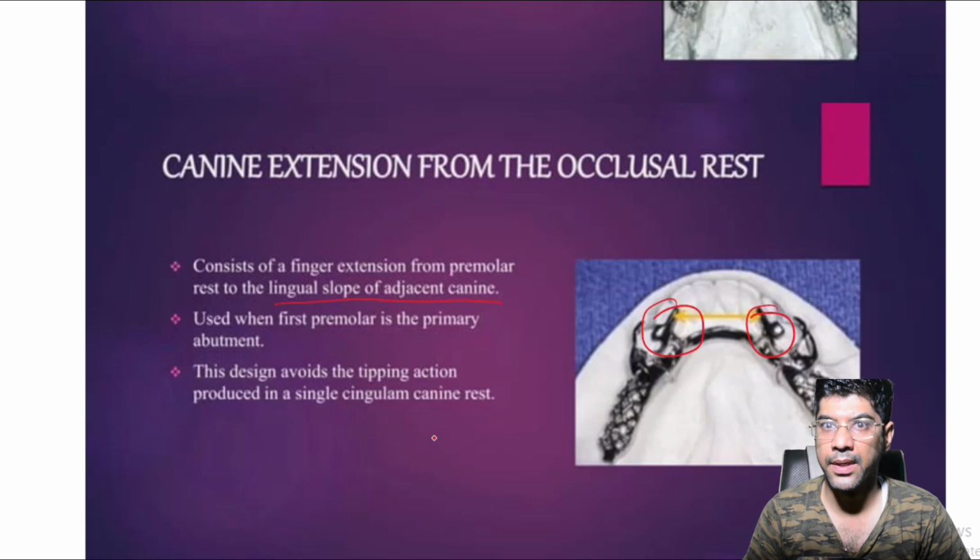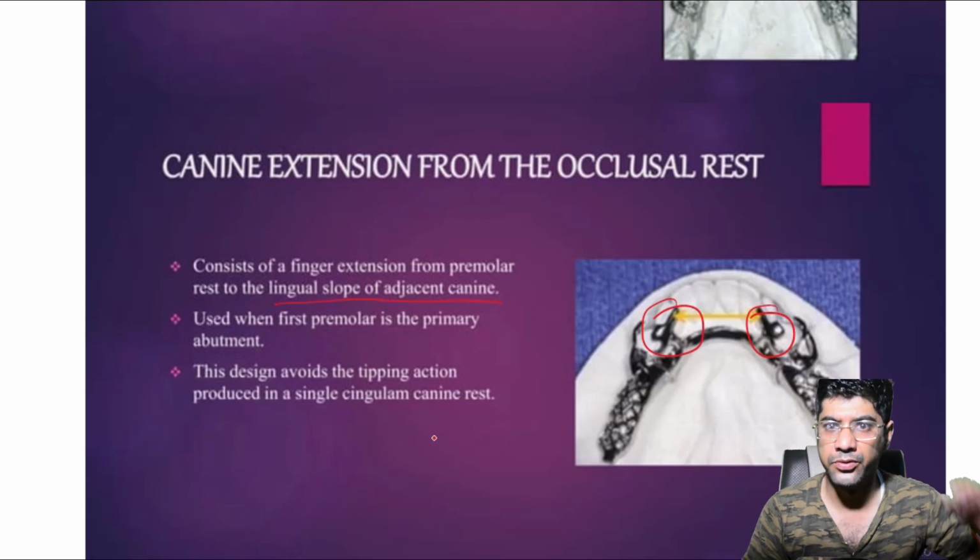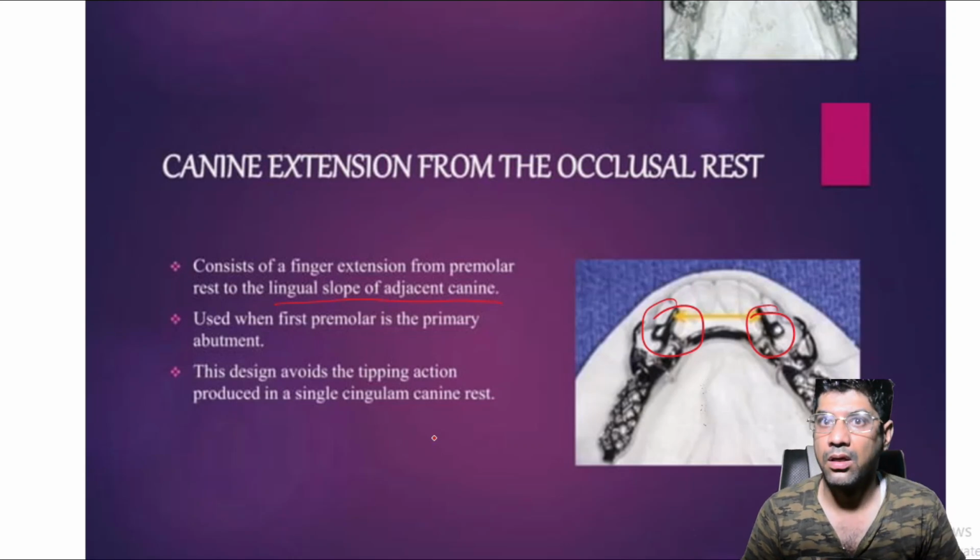The term primary abutment refers to the tooth used for the direct support of the fixed or removable dental prosthesis. Using this design helps to avoid the tipping action that can occur with a single cingulum canine rest.